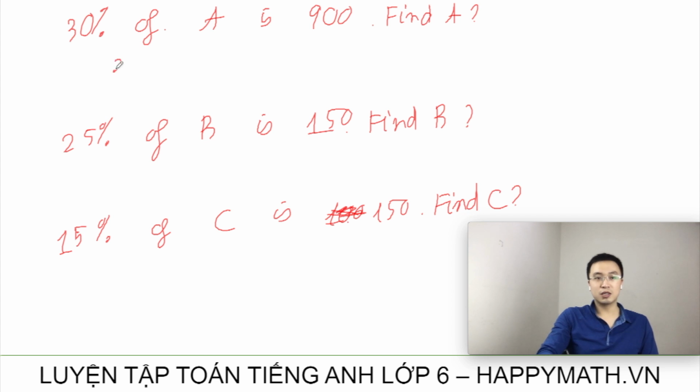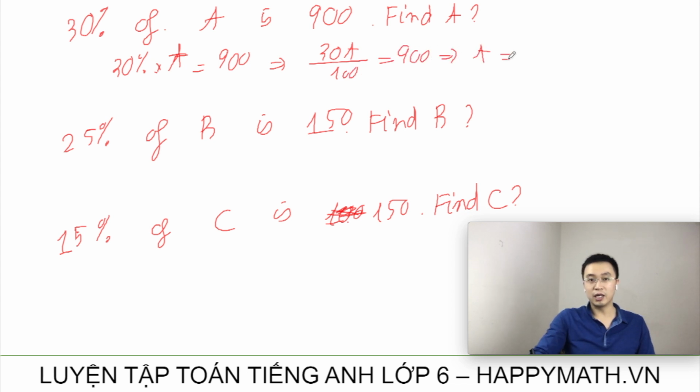Okay, inverse way. I will take the 30% multiplied with A, and then this result will be 900, so 30A divided by 100 equal to 900, and A will be equal to 900 multiplied with 100 divided by 30.